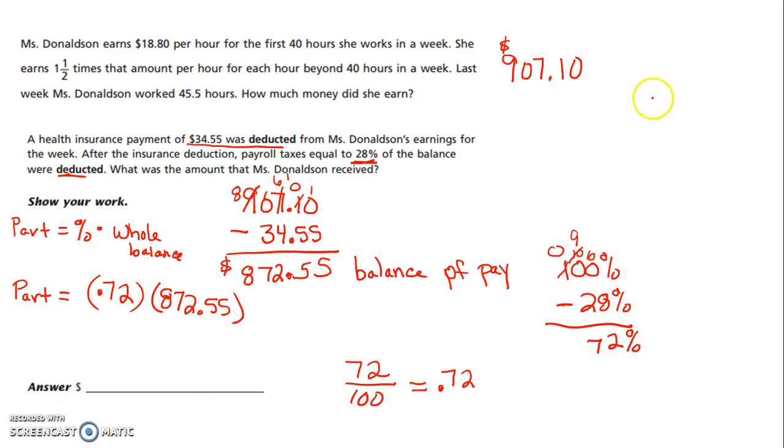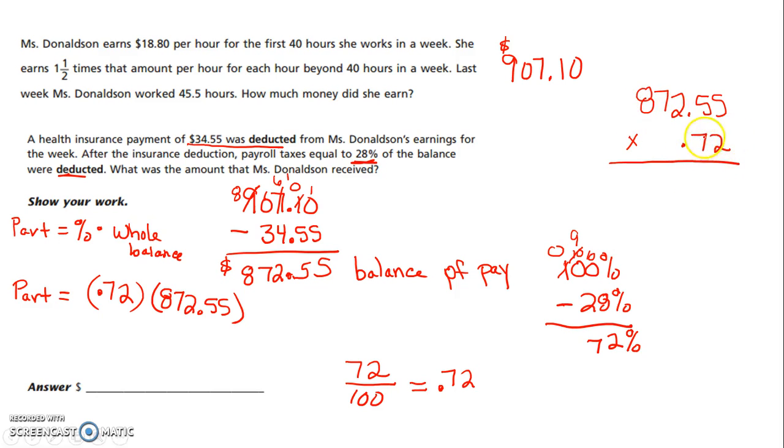The only reason I'm doing all this long multiplication of decimals is to remind you that in your signed number unit, we did this quite a bit. So I'm going to multiply that by 0.72. Excellent. This is less than 1, so I know my final answer has to be under 872.